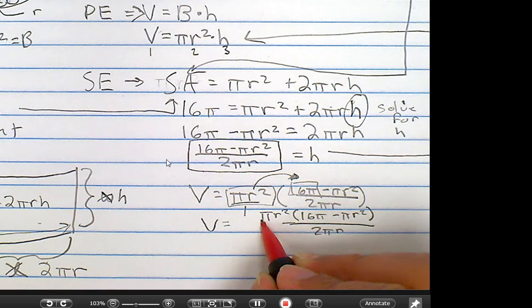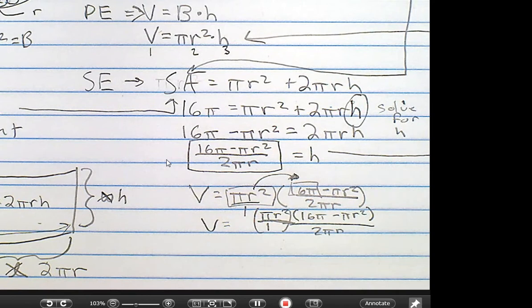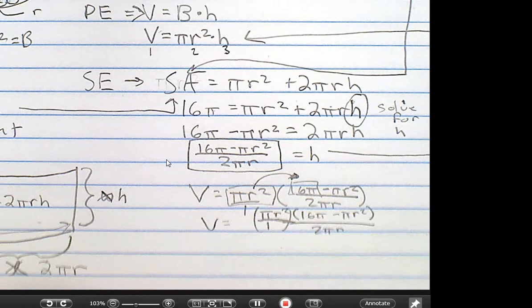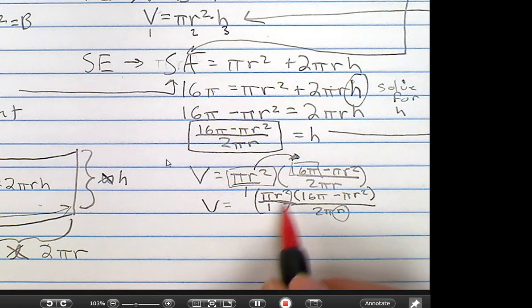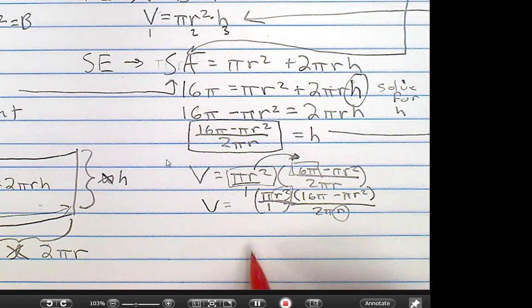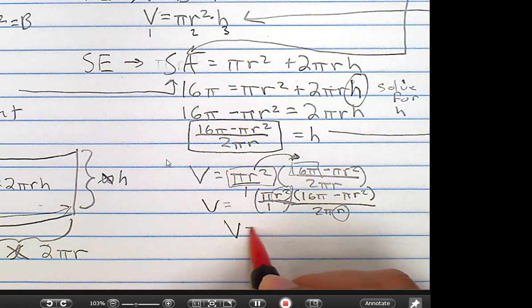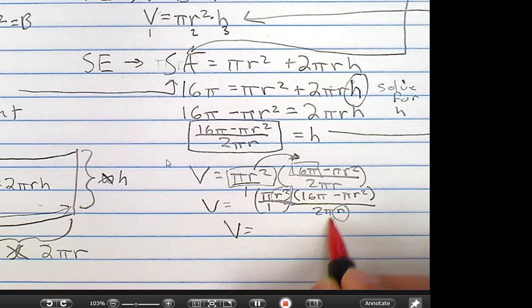Now this is very interesting right here. What could I do instead of multiplying right here? What could I do first? Cancel out this r and which r? One of these, right? So it would be v equals, and could I do the pi's too? Absolutely.